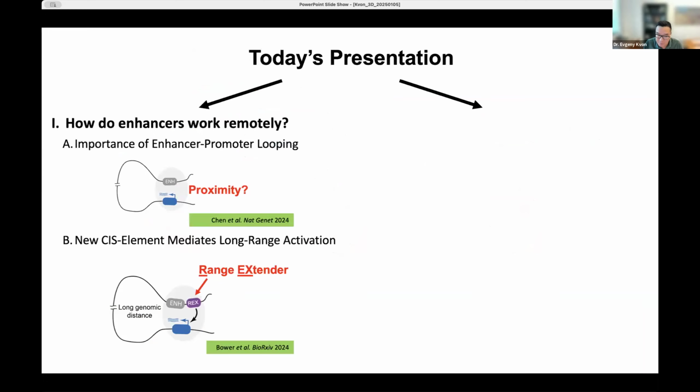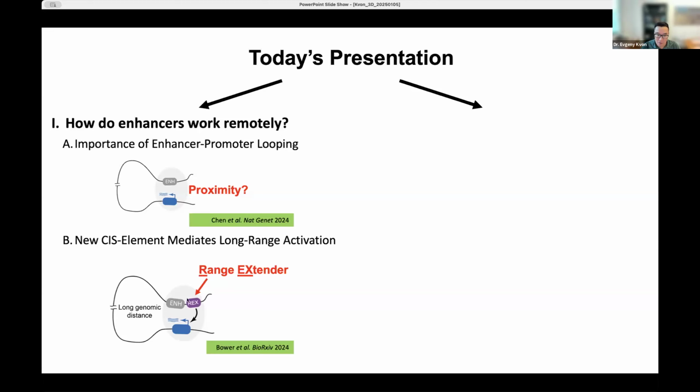So my lab is interested in two big questions about enhancers. The first question, which is one of the biggest questions in the field, is how do they work remotely? As I mentioned, many enhancers are located millions of base pairs away from the promoters, but how they specifically activate the target genes is still unclear.